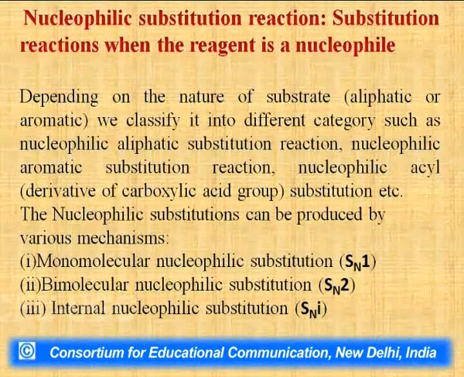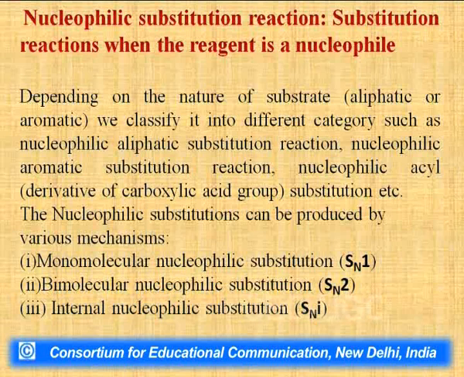Nucleophilic substitution reaction, depending upon the nature of the substrate, may be aliphatic or aromatic. We classify into different categories such as nucleophilic aliphatic substitution, nucleophilic aromatic substitution, and nucleophilic acyl substitution in case of carboxylic acid group, etc.